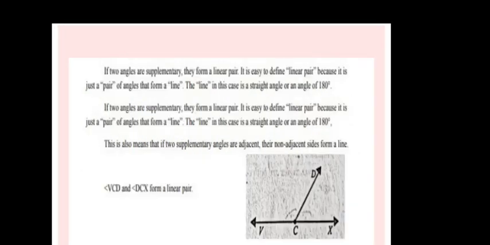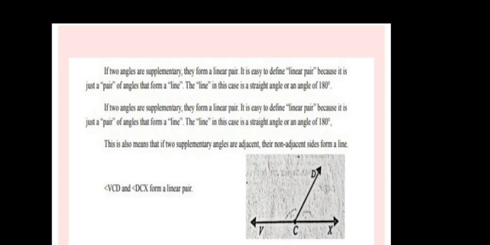Next, if two angles are supplementary, they form a linear pair. A linear pair is just a pair of angles that form a line. The line in this case is a straight angle. If two supplementary angles are adjacent, the non-adjacent sides form a line.